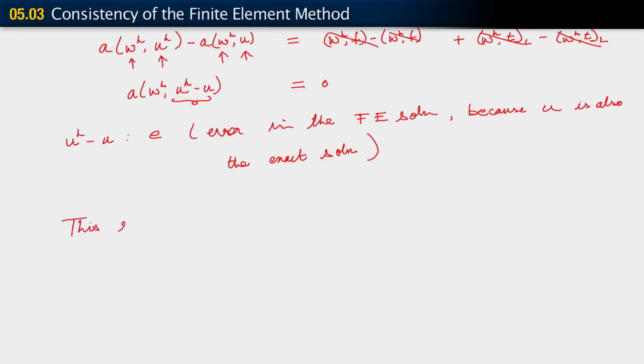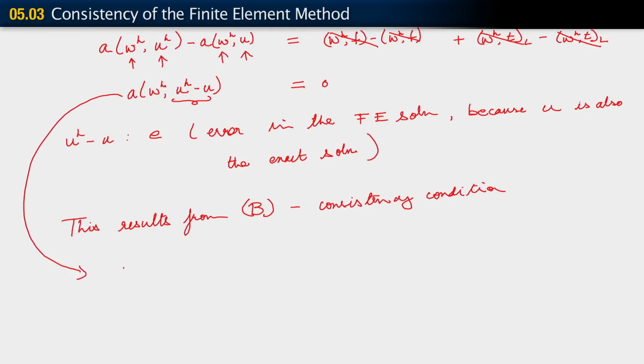This results from B, which is called the consistency condition. Okay, right? Let's look at what we have here first and then try to understand the consistency condition better. Okay, what we have here is a statement saying that A(WH, E) equals 0.